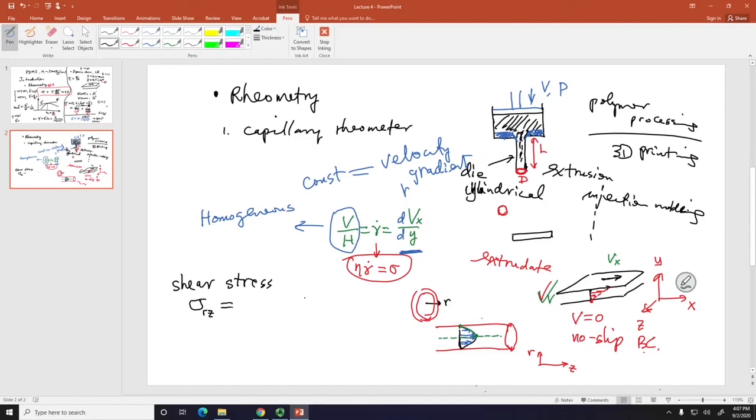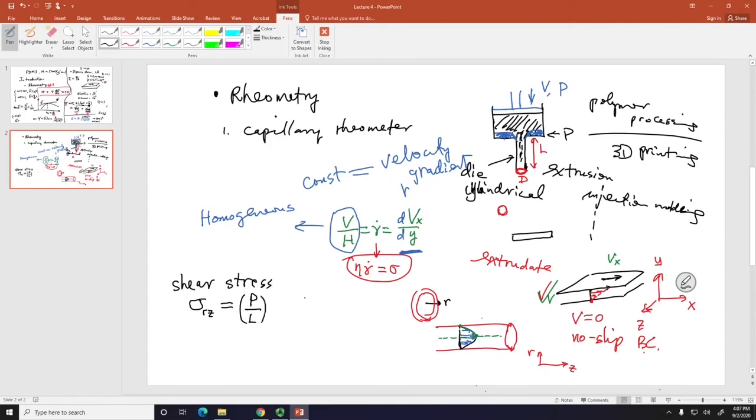And this shear stress, without going through the solution of the equations, turns out to be related to the pressure. When I said there is a pressure, it means there is a pressure at the beginning of the die, and a pressure coming out of the die, which is negligible, atmospheric pressure.